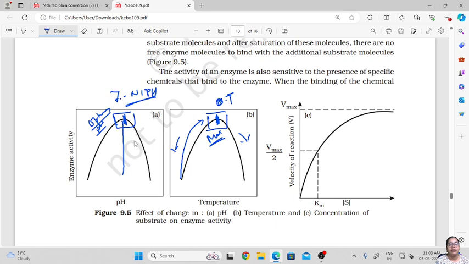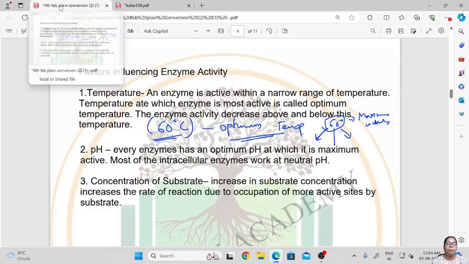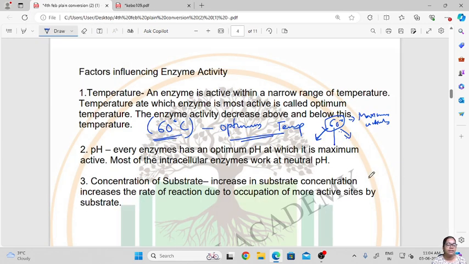If it is 7, then the enzyme activity will be more. If it is less than 7 or more than 7, the enzyme will show less activity. So optimum pH is very important for the enzyme activity.